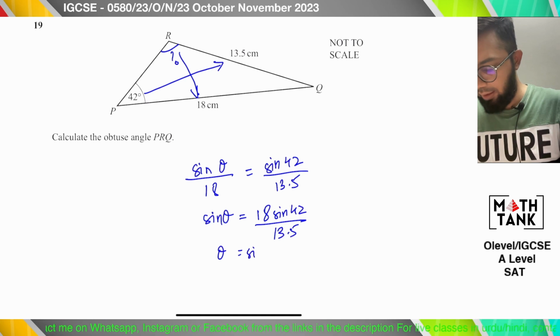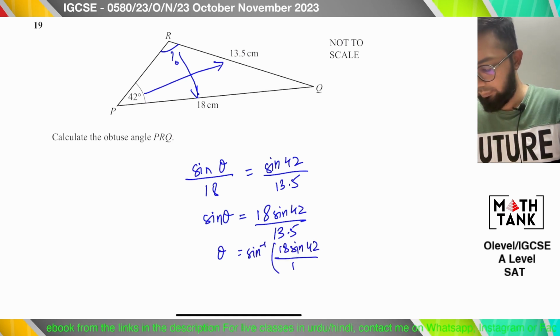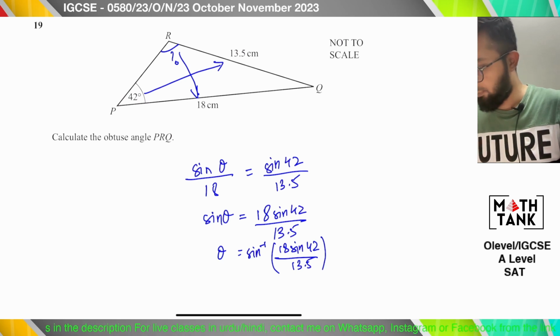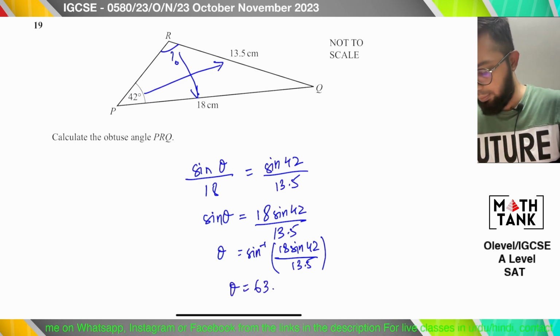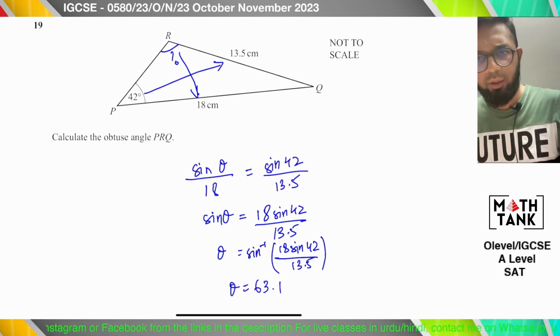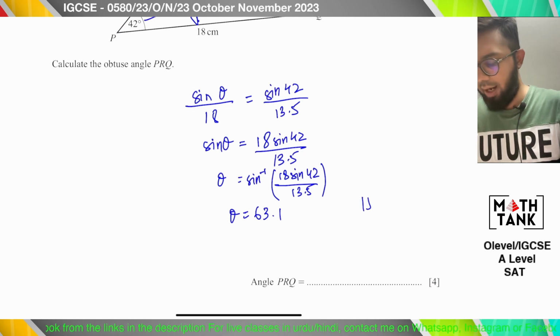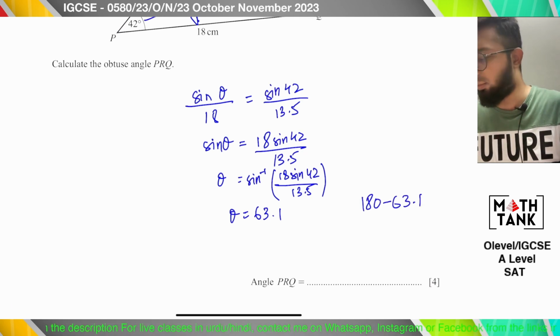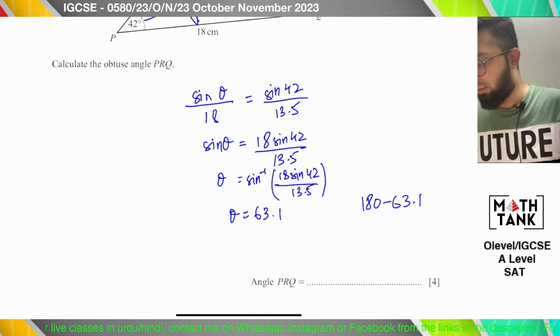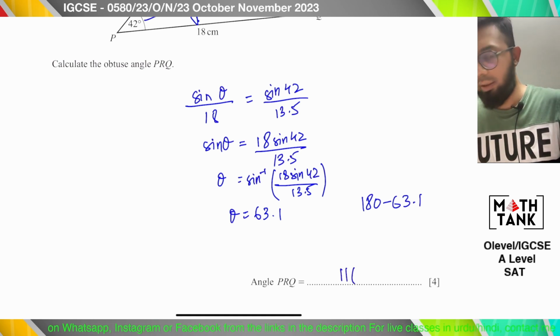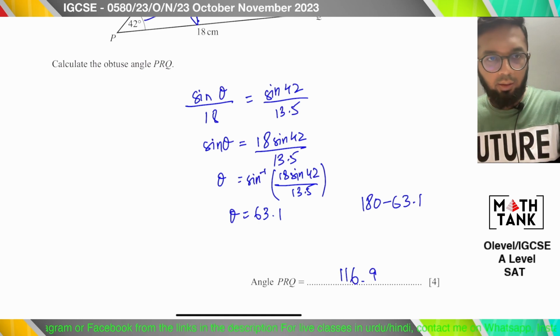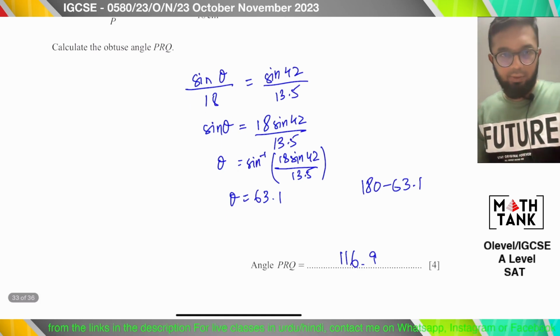So theta equals sine inverse of that, theta equals 63.1. But that's not obtuse. What do you do? You subtract it from 180 because that is how sine works. This doesn't happen with cos. It happens with sine only. So 116.9 should be my final answer.